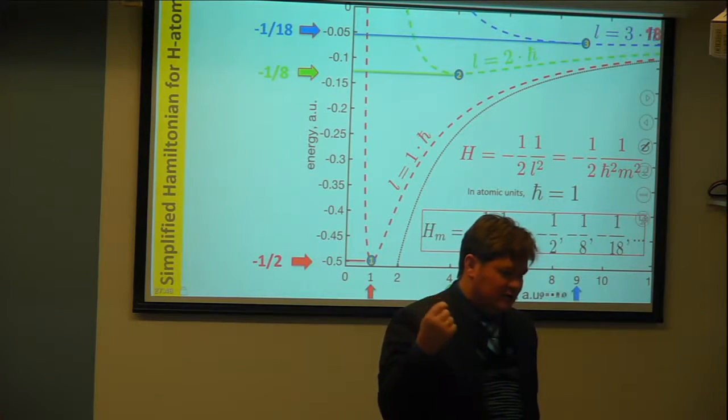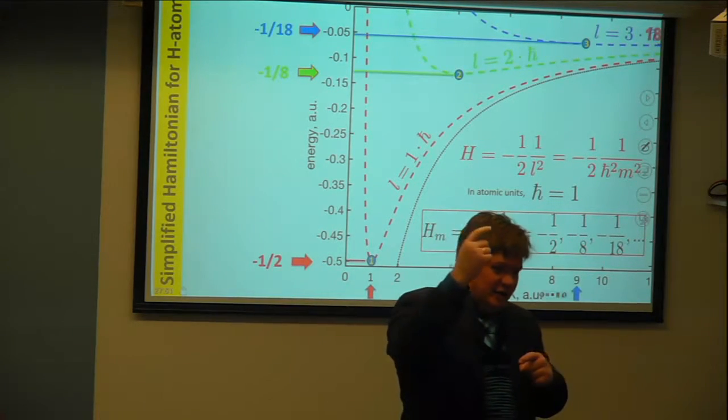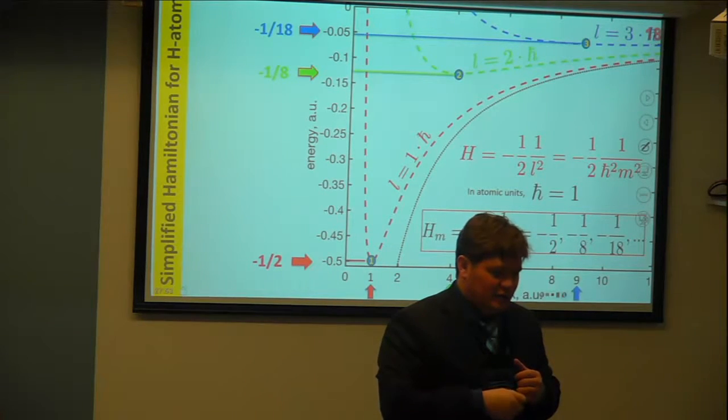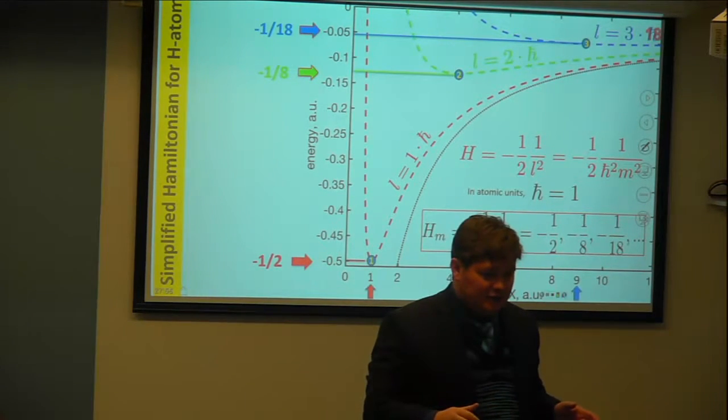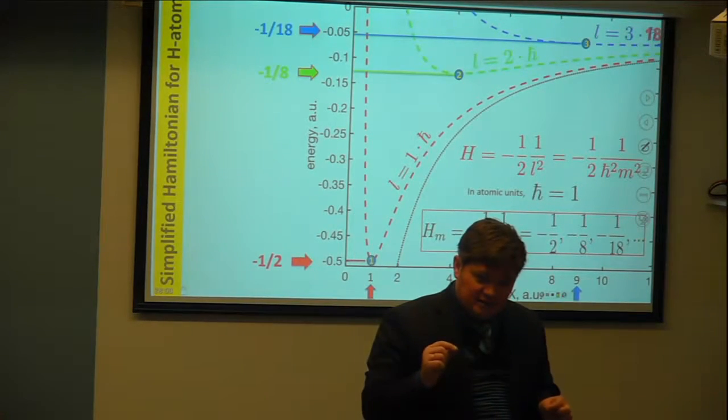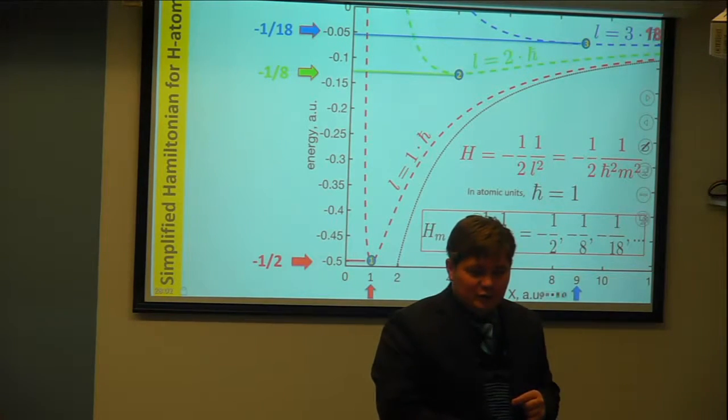When you accelerate it a lot, it will be on a higher orbit and more stable. But the difference between a satellite and a hydrogen atom is that a satellite can take any distance and any amount of angular momentum, and the electron in a hydrogen atom can have only discrete values of angular momentum.